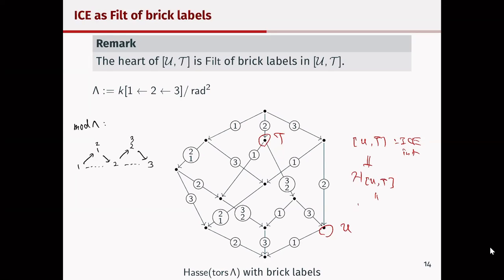Then the heart of this is the filtration closure of the brick labels between U and T. So we have this label and this label. So we have this description. At least for the tau-tilting finite case, this gives a way to describe all ICE closed subcategories in this form, filtration closure of bricks.